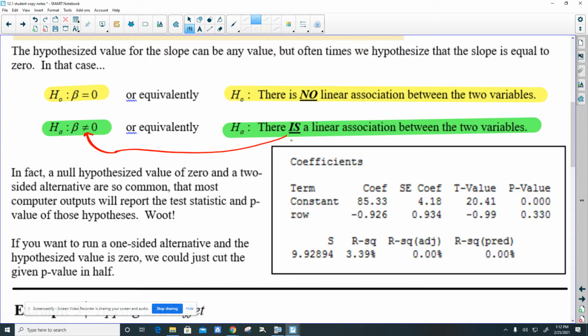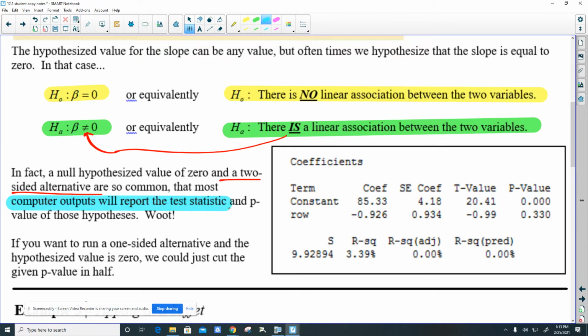We're not necessarily suggesting whether it's positive or negative, but it's one of those two. So there is a relationship, and it's used so frequently. Obviously, we know that's a two-sided alternative hypothesis. It's so common that most of your computer output is calculated as a two-sided test.